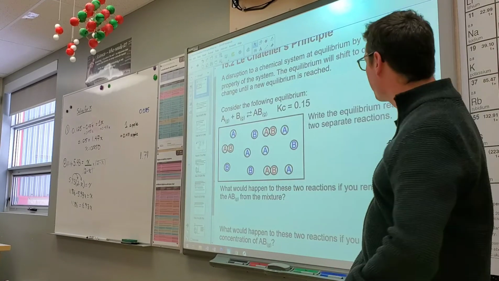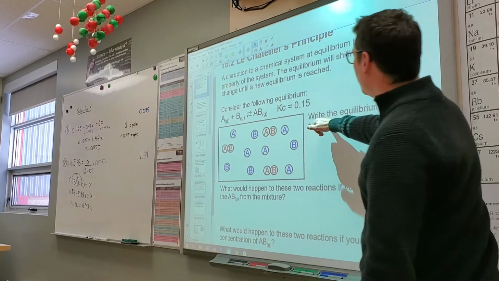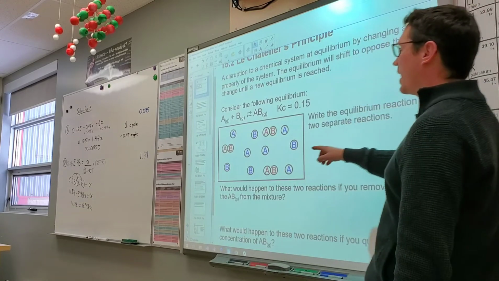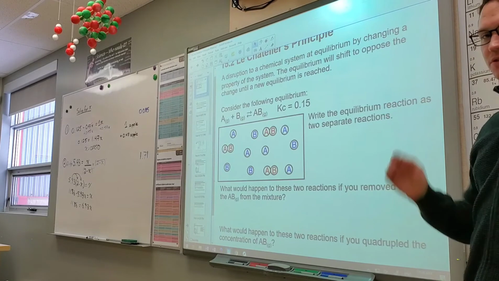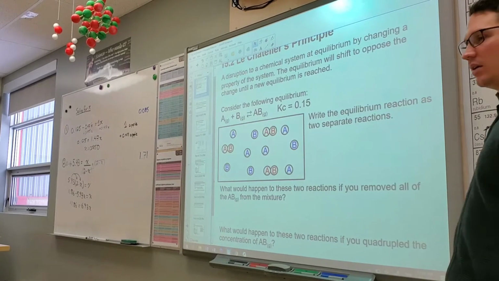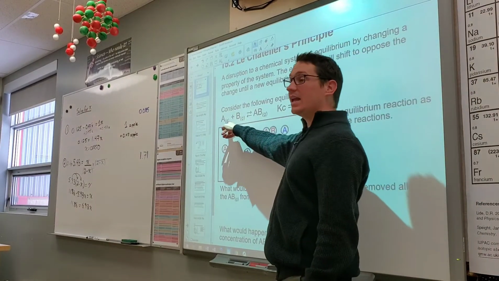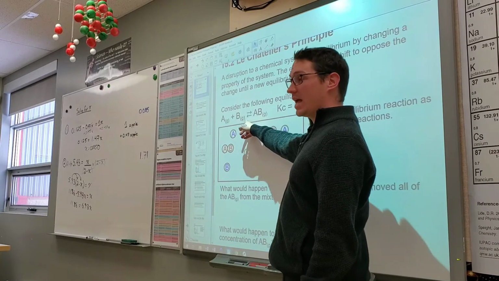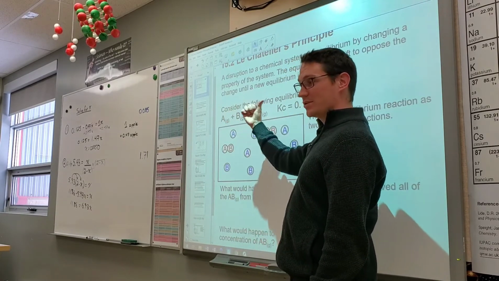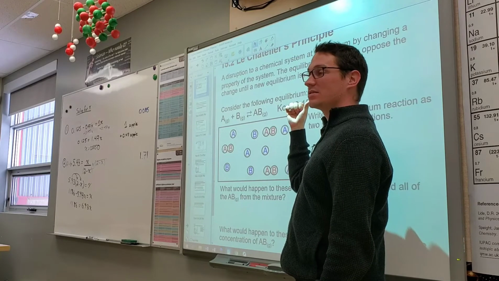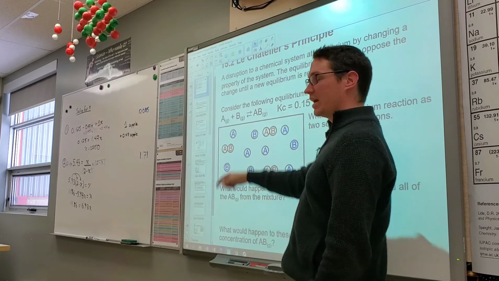What I want you to do is write this equilibrium reaction as 2 separate reactions. Go ahead and do that. Secretly hidden in here are 2 reactions. Would you agree with that? There's the forwards reaction, and what else? The reverse reaction.